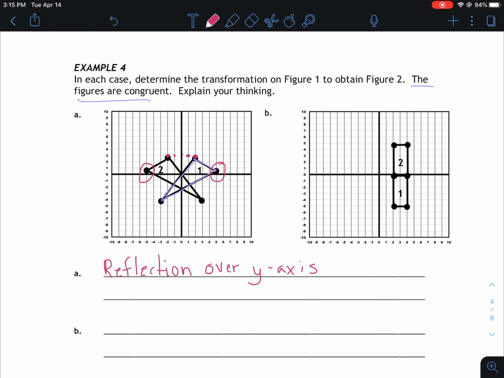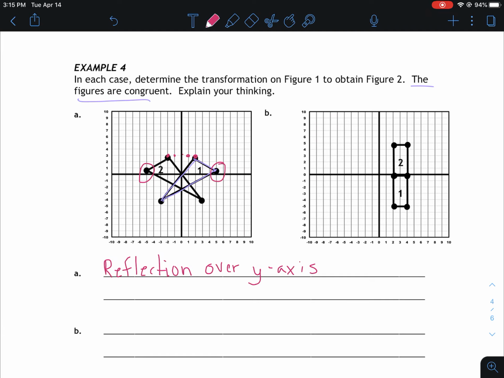Then, for letter B here, this one's actually a little interesting because it could be a reflection over the x-axis. It could also be a slide, so a translation. You can decide if this is a reflection or a translation.